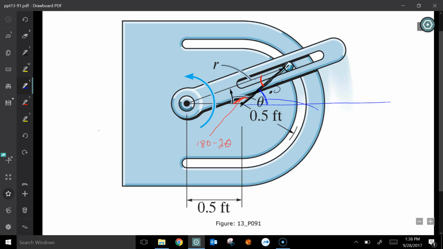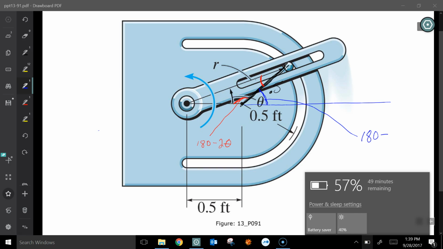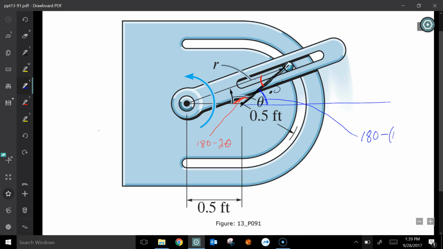And this guy is equal to 180 minus the red interior angle, which is 180 minus 2 theta. So if you reduce that, it's 180 minus 180, minus minus is 2 theta. So this is 2 theta. So that blue angle is 2 theta.